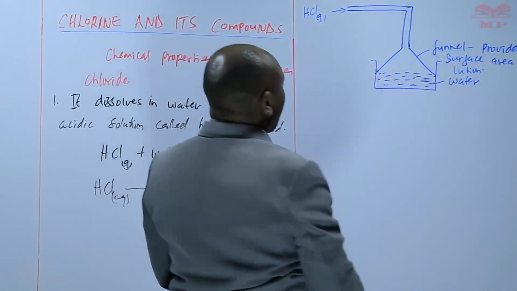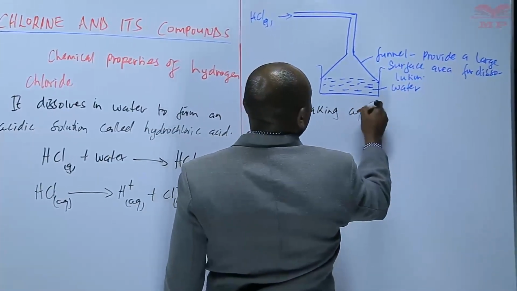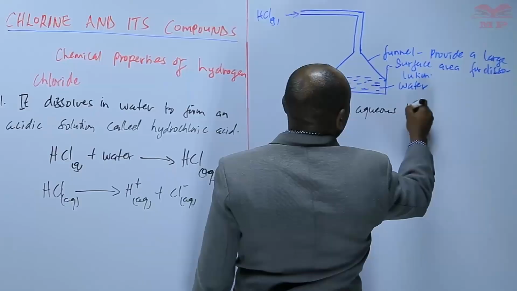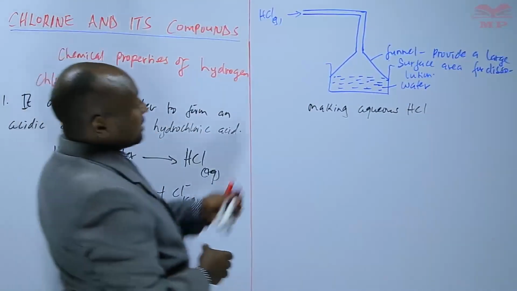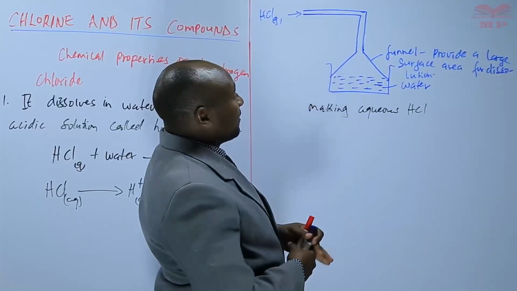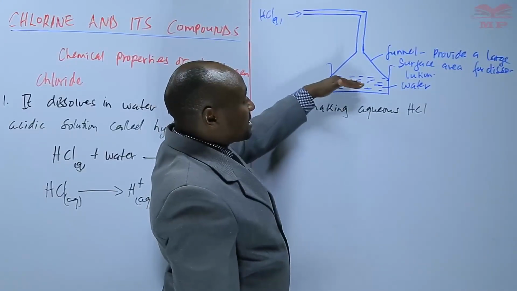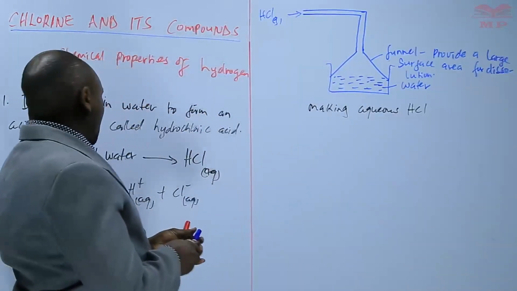So this is making aqueous HCl. You need to dissolve the gas over a wide surface area of the water, and the funnel should be placed just near the surface. And this is to prevent the sucking back.